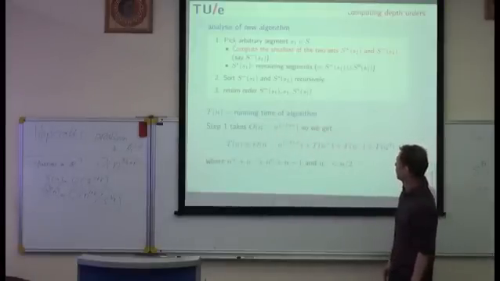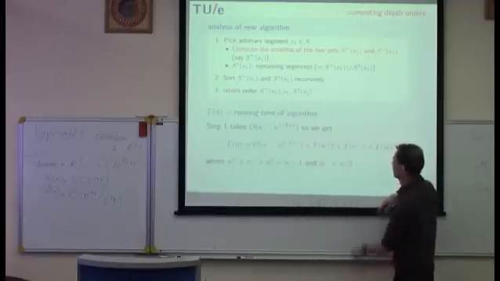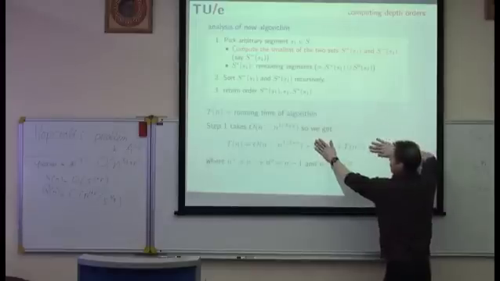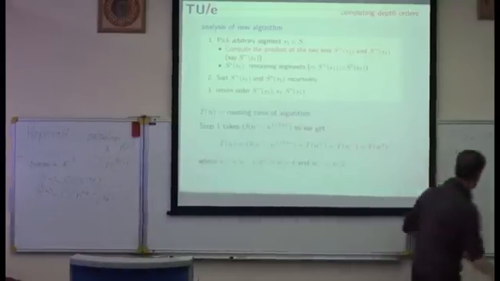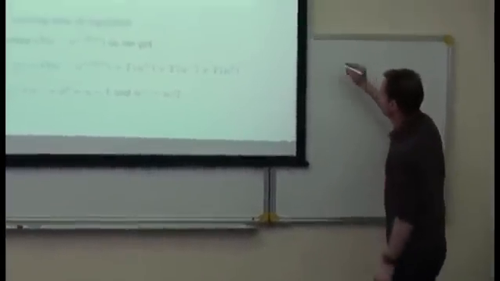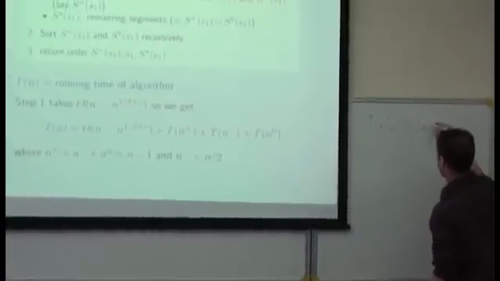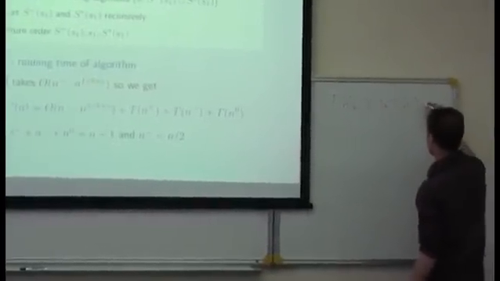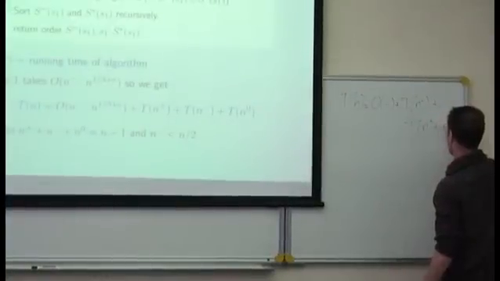So the recurrence is going to be this plus T of n minus, plus T of n plus and 0. So T(n) is O of this plus T(n minus) plus T(n plus and 0).